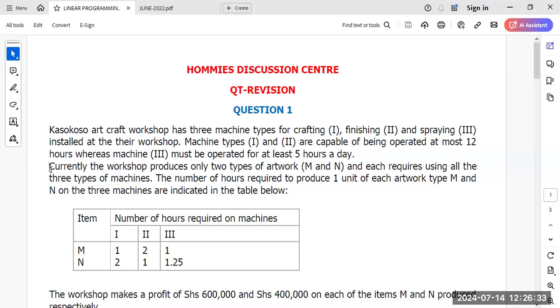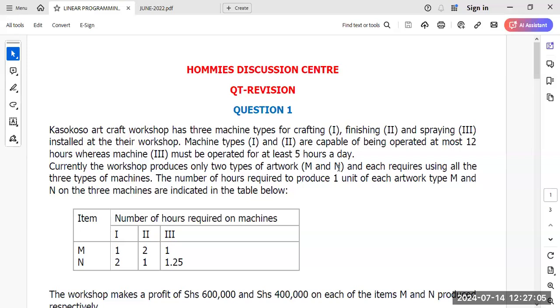Okay, we continue. Currently, the workshop produces only 2 types of artwork, M and N. Here they have helped you to define.